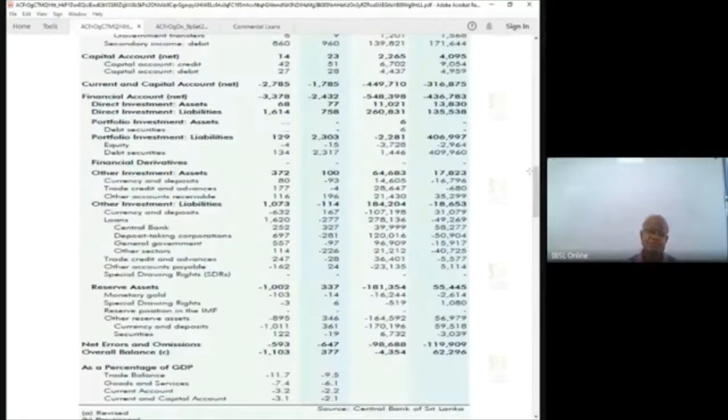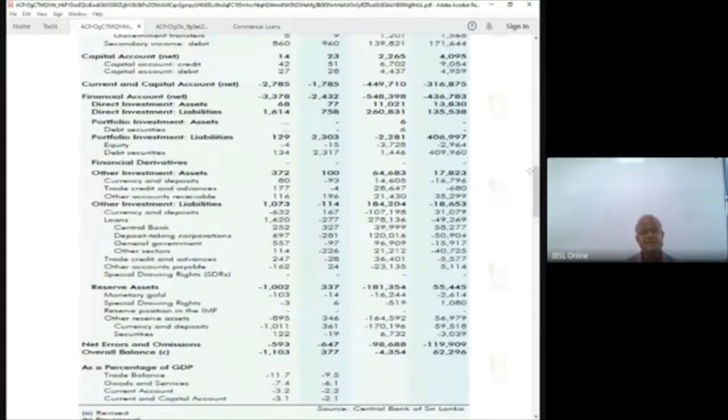Debt securities: a company like MAS Branding issues an international bond to raise funds, that is a debt security. Treasury bills and bonds are debt securities. Buying shares is equity investment. These are entered in portfolio investment.